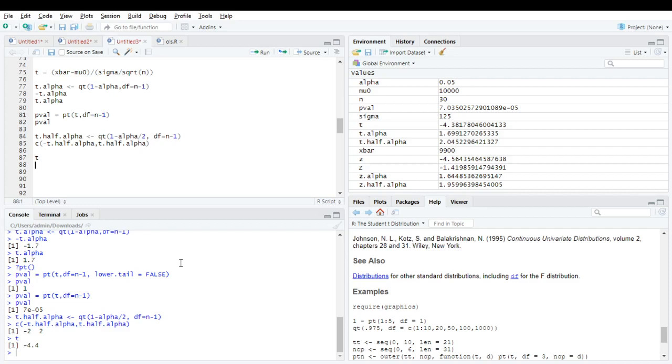Okay, another way of computing this is computing the p value, which will be 2 times pt, with degree of freedom n minus 1.